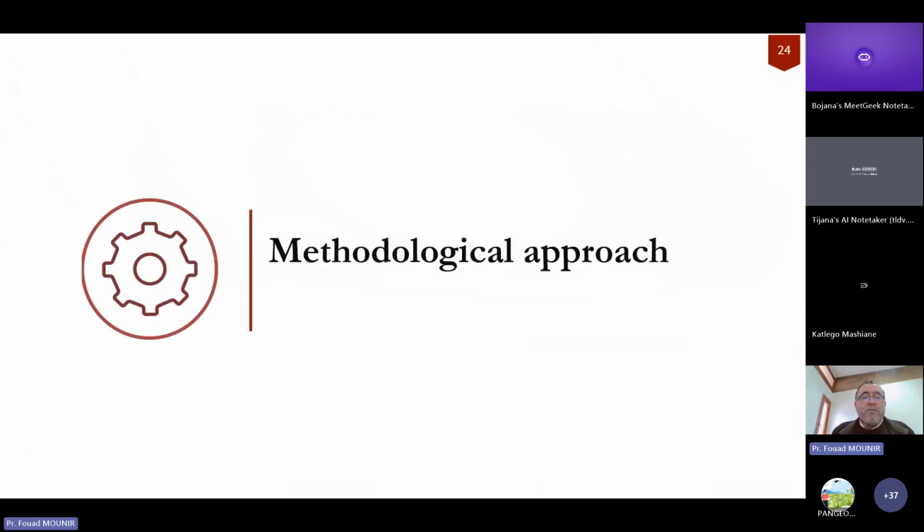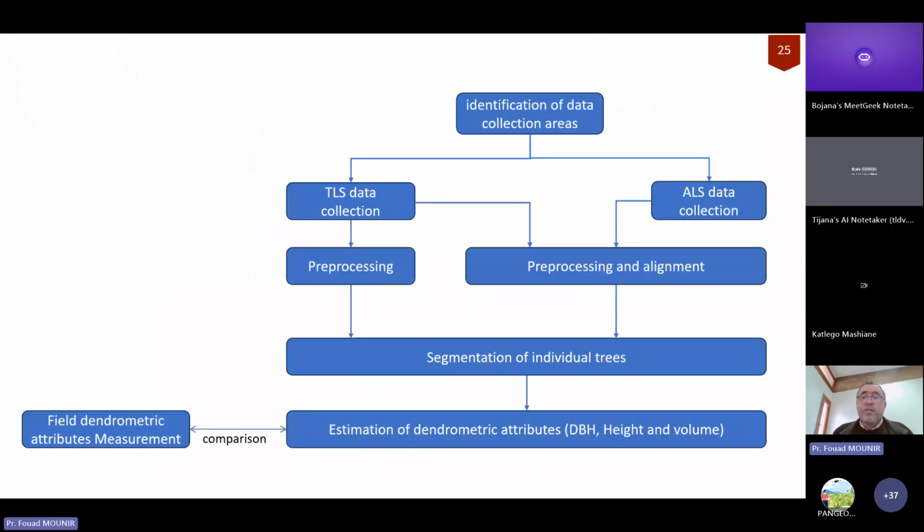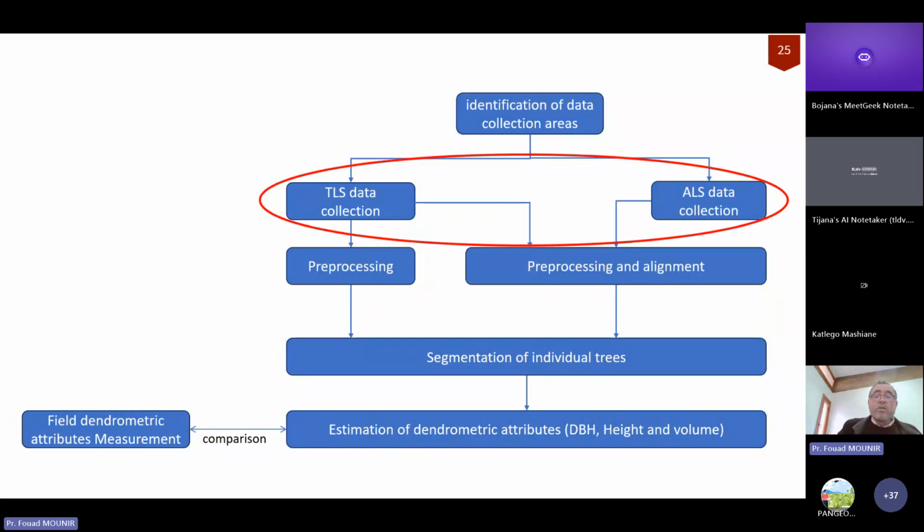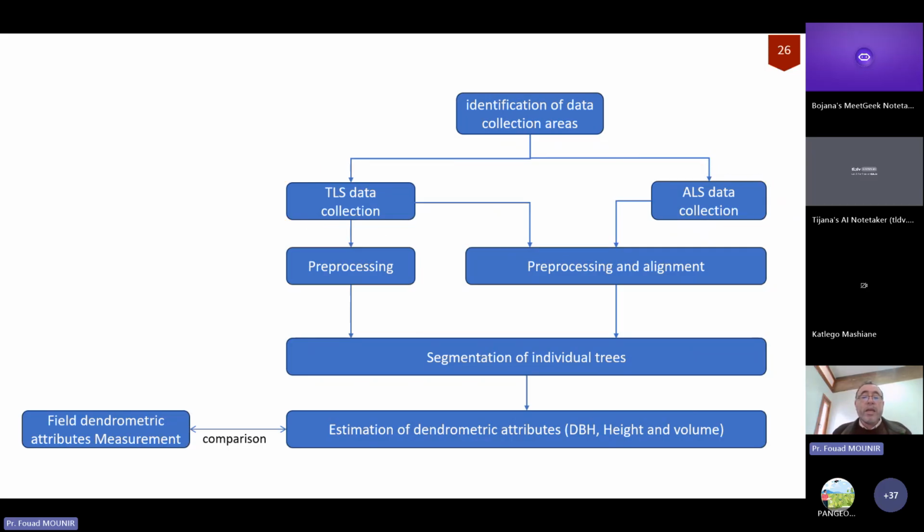The methodology applied in these 2 kinds of sites is based mainly on collecting TLS and ULS data using some methods in this area, and some tools based on drone and LiDAR. The second phase is pre-processing and processing.